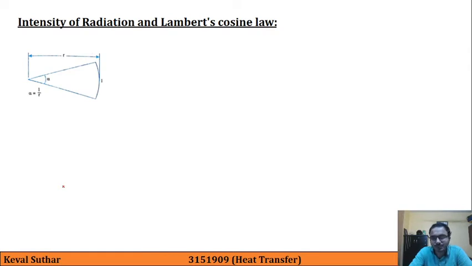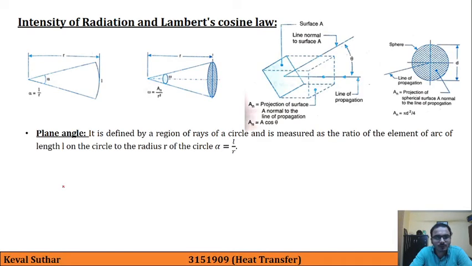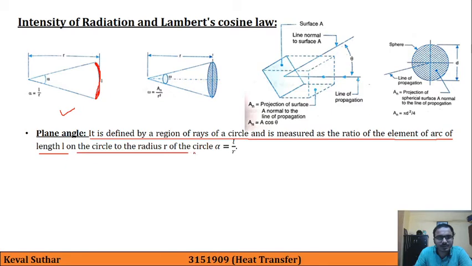So first we need to understand a few terms on this. First is the plane angle, that is defined in this figure, that it is defined by region of rays of a circle and is measured as the ratio of element of arc of length L, that is this portion, on a circle to a radius r of a circle, that is this is the radius.